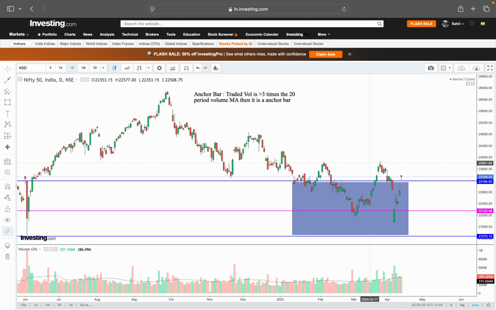So once you start appreciating that, it will help you maintain a neutral view towards the market, because you know that there are always going to be buyers and sellers, and you are just waiting for the right zone using volume.